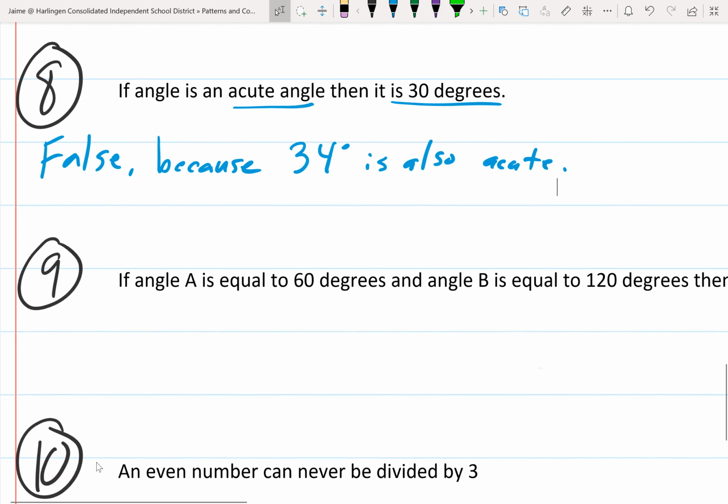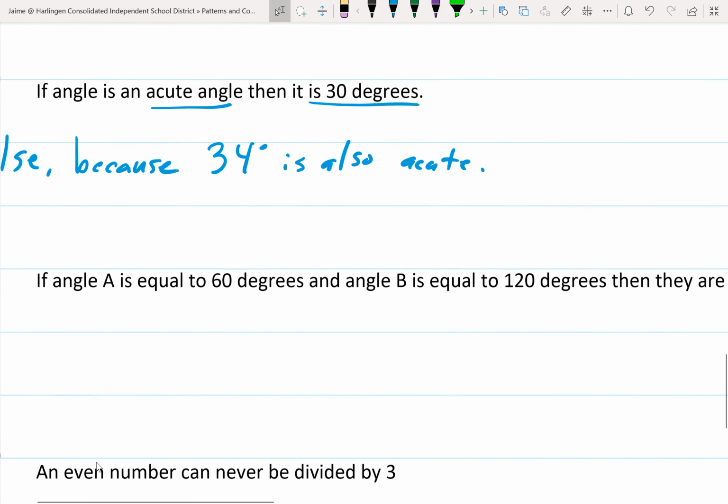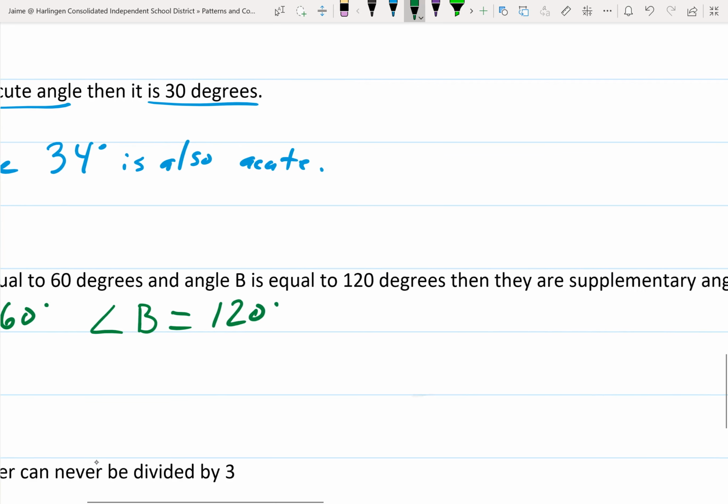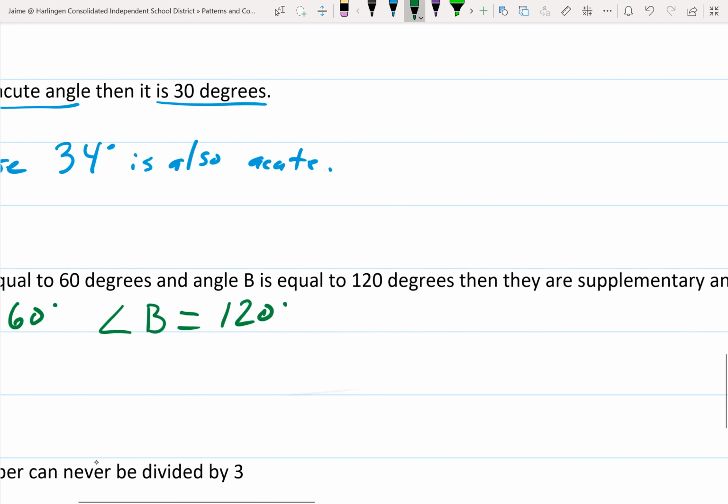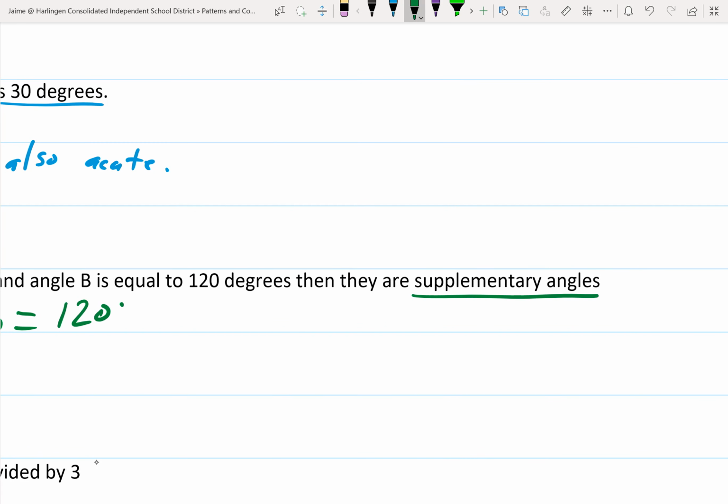Number 9. If angle A is equal to 60 degrees and angle B is equal to 120 degrees, then they are supplementary angles. What does supplementary mean again? You remember? Look at your notes. Supplementary angles mean that you have two angles that equal 180 degrees.